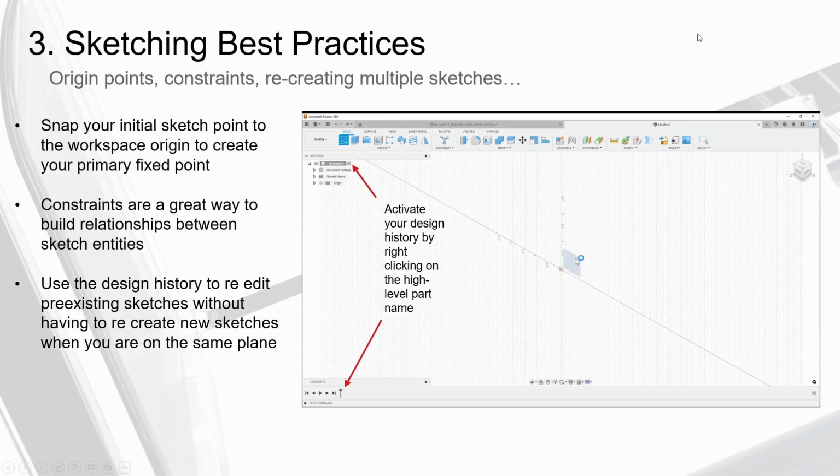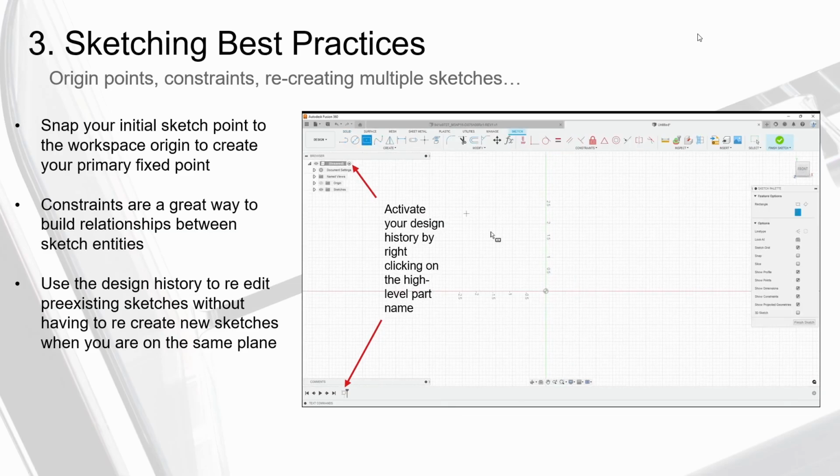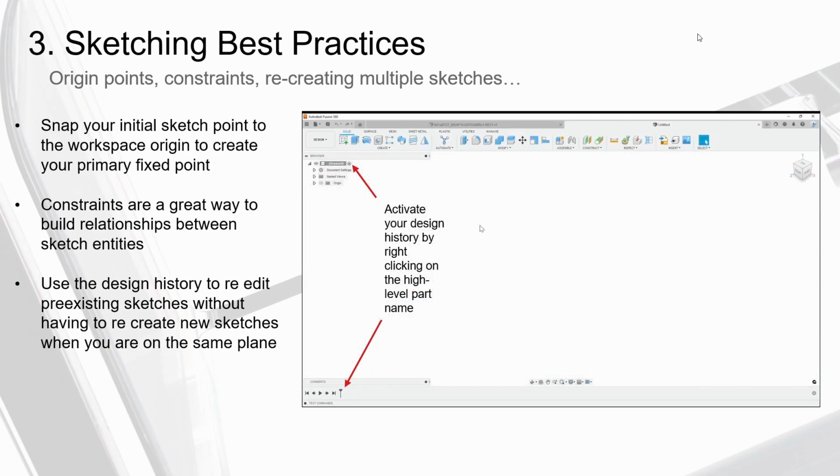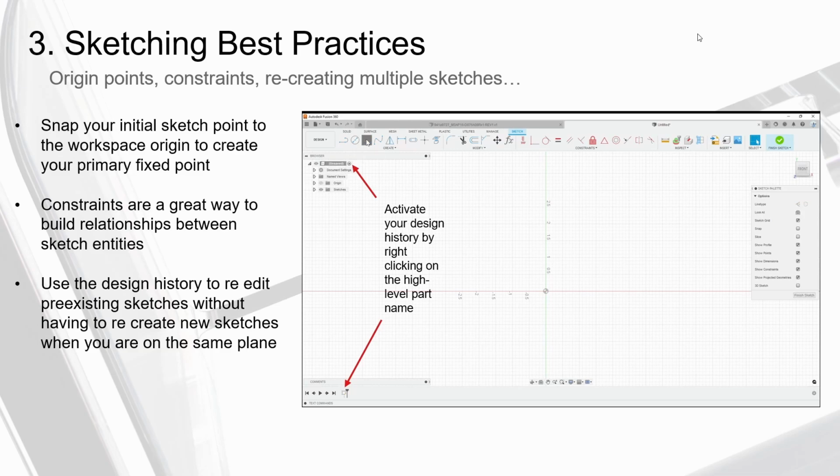All right, tip number 3. What are some sketching best practices? Typically when people start sketching in Fusion, I've noticed that we often grab a sketching tool and then drop the point kind of random in space. I always like to tell people to try to avoid this and use the origin point that you see here on the graphic.